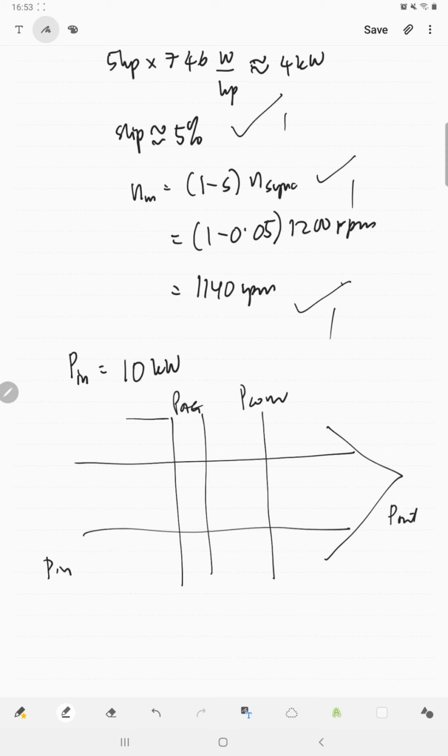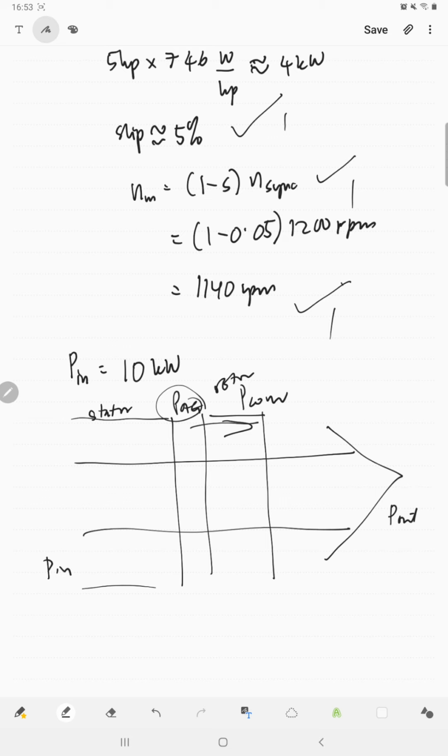This side is the stator side, and this side is the rotor side. So the active power, active power means P, that is transmitted to the rotor is obviously the air gap power, because this is the rotor side.